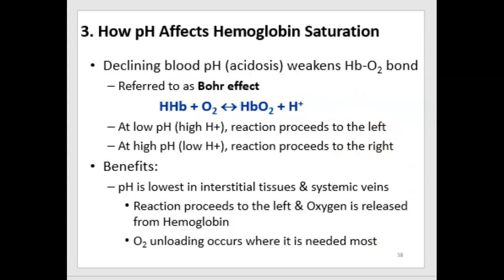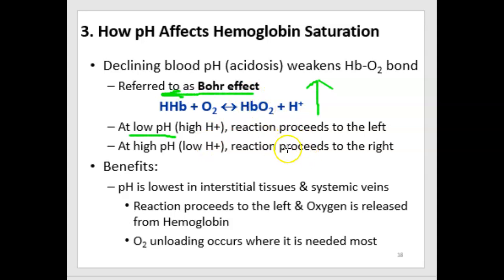This reaction is important because if you think of the fact that there are other sources of hydrogen in your body, we produce acid all the time. So we produce hydrogen ions, and if there's an increase in hydrogen ions, which means a low pH, this reaction is going to proceed to the left.